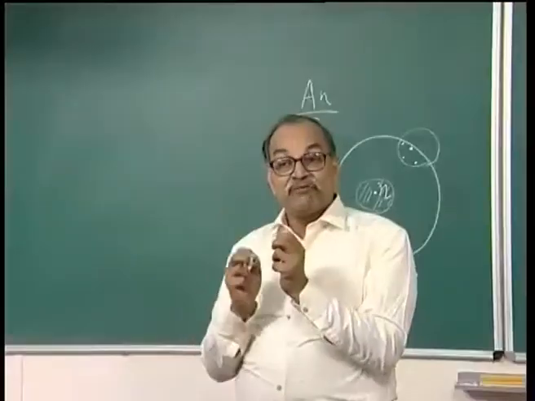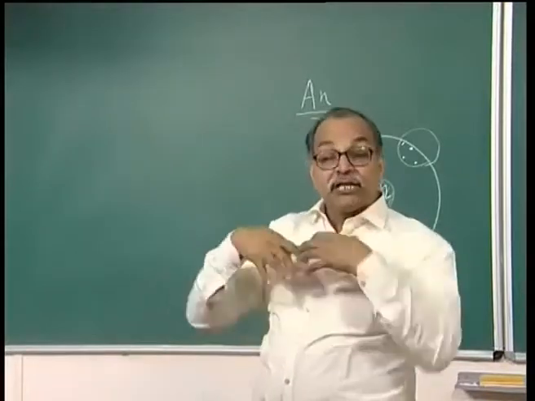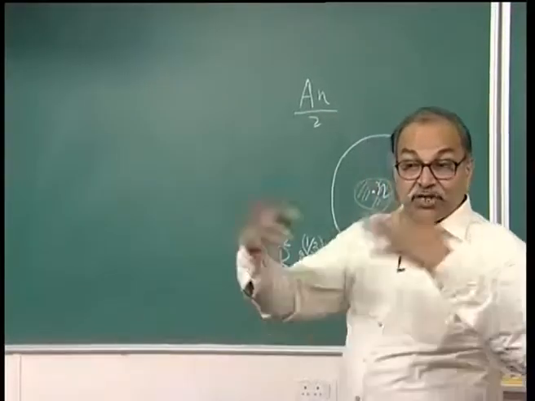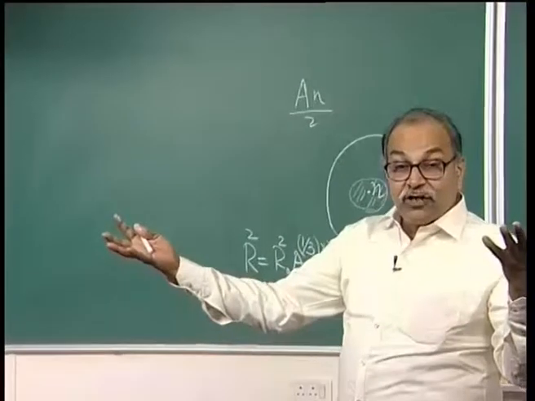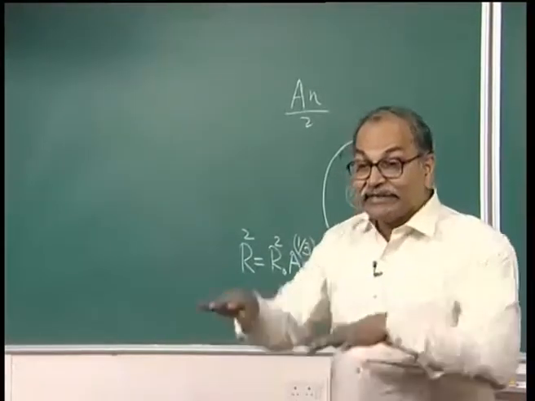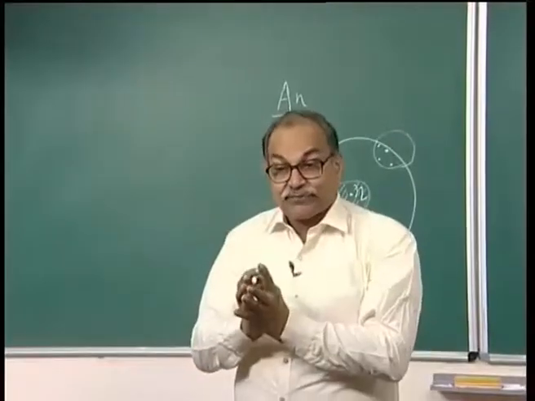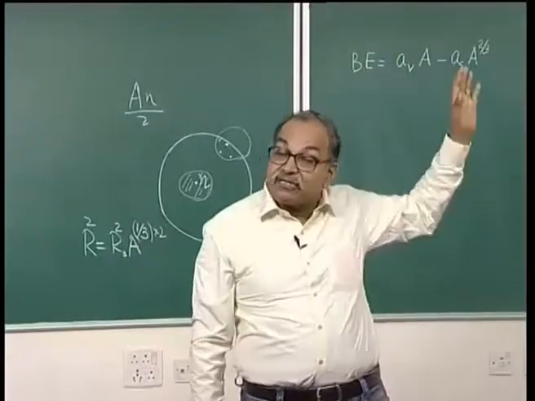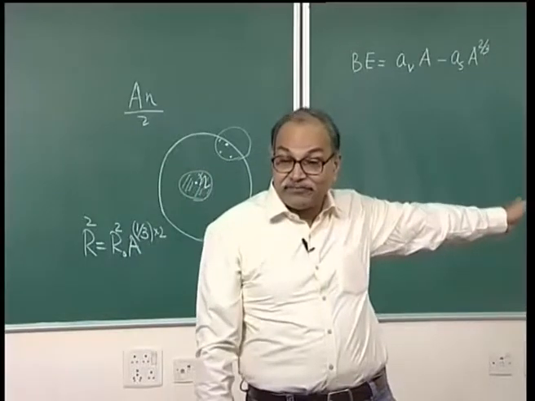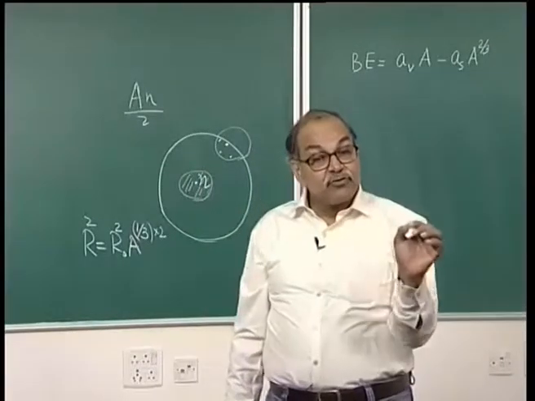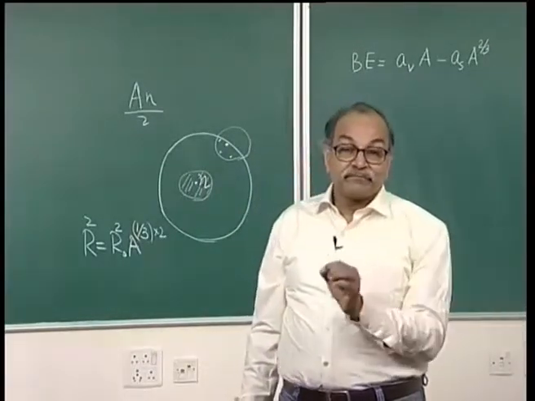Protons through Coulombic forces will be a repulsion, and repulsion means a loss of binding energy, an increase in total mass energy, and the binding energy is reduced. So there is a further reduction in binding energy because of this Coulomb interaction.